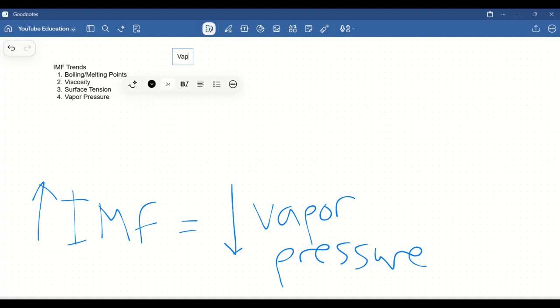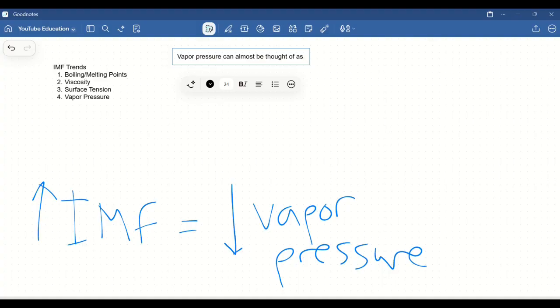A vapor pressure can almost be thought of as the pressure, almost a difference of pressure needed to evaporate something.